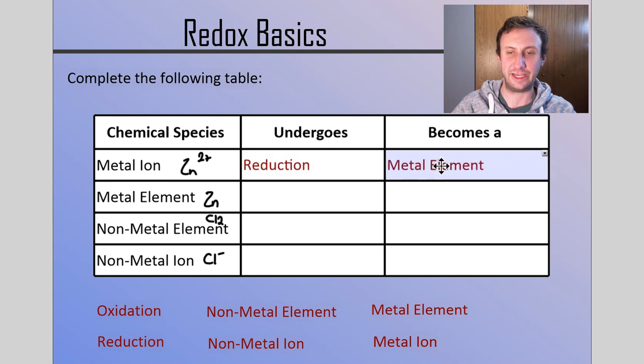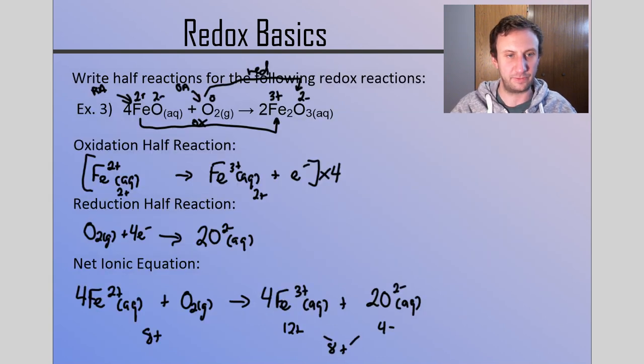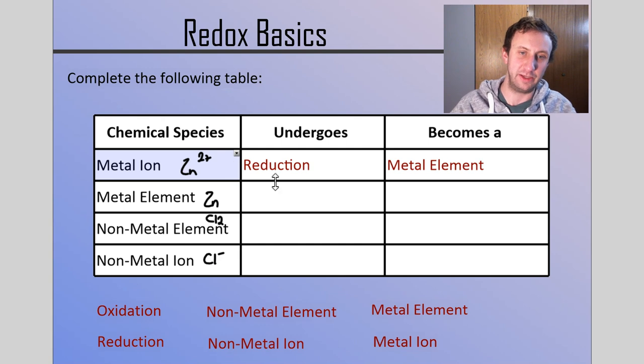So by gaining electrons, it becomes a metal element instead of an ion. Typically, the only exception would be multivalent metals, where maybe it goes from like titanium 4 to titanium 2, whereas you saw in the last example, where it changed from iron 2 to iron 3, right? That was a reduction, but it didn't go all the way. So multivalent metals can be an exception.